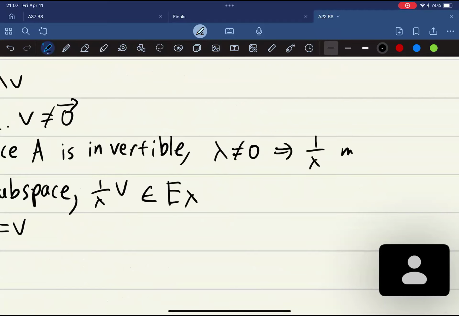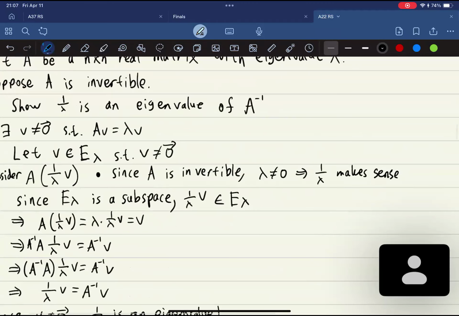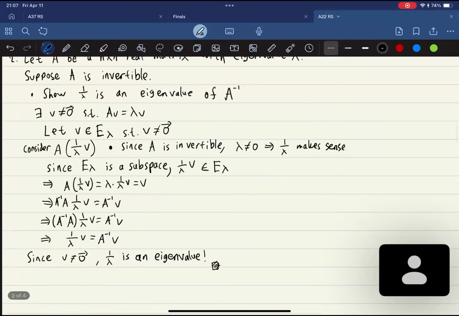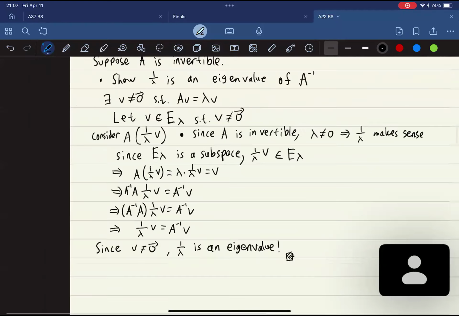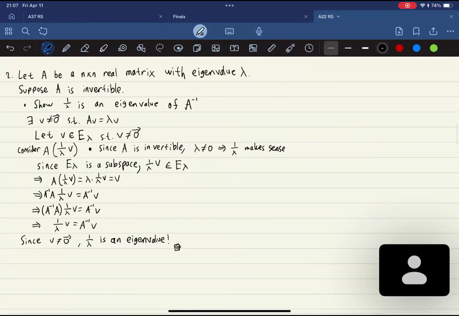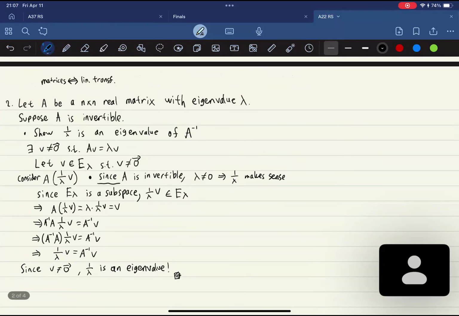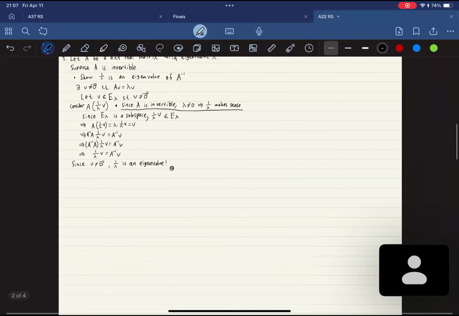So 1 over lambda makes sense. Yeah, this is a nice observation. If there are no more questions, I think we can continue.